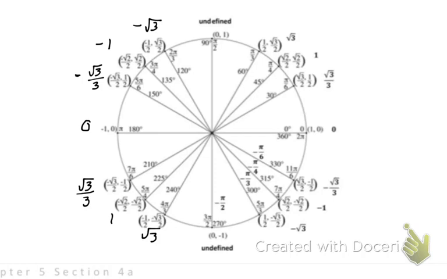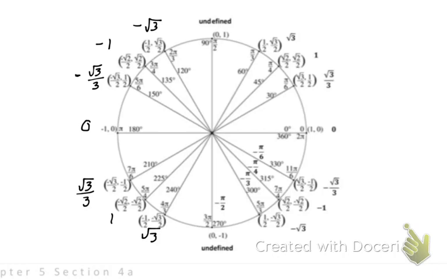Who thinks cotangent is undefined as well? Who thinks it is not undefined, that in fact it equals 0? It's a 50-50 shot. Let's try it again. Tangent is undefined. Does that automatically mean cotangent is undefined?